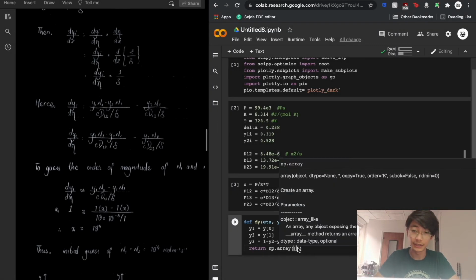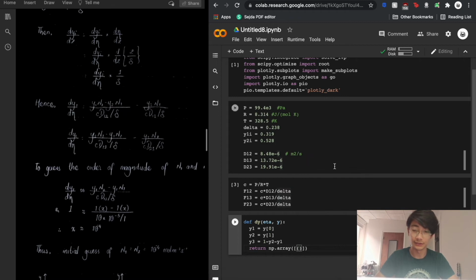So let's go ahead and type that out. That's going to be y1 times n2 minus y2 times n1, and all of this is divided by f12.